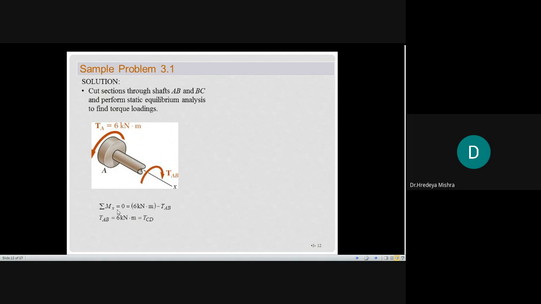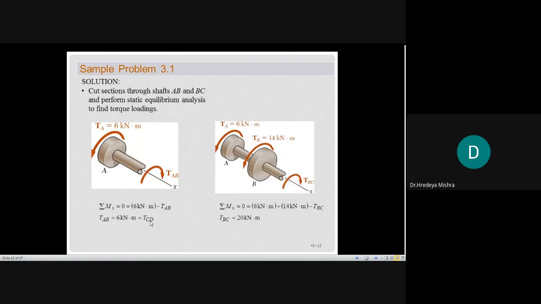Sigma Mx, the moment in the x direction, equals 0, that is 6 kilonewton meter minus TAB. The magnitude is the same but the direction is opposite. And whatever the value of torque AB, that is the same as the torque CD.